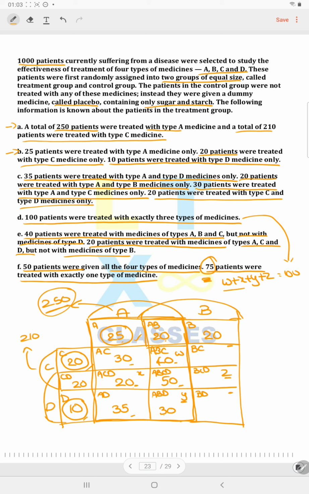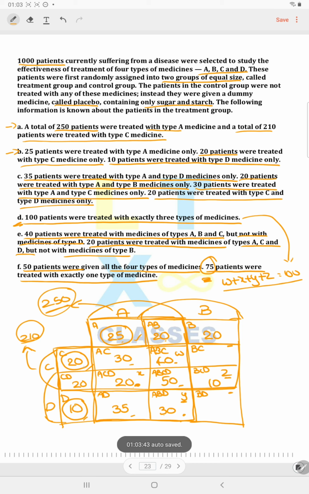Now we know the summation of W, X, Y, Z, as per point D, is 100. Since this is 40, this is 20, this is 30, this has to be 10. Now we also know that the total number of patients who were given medicine C, which represents this entire box, is 210. And since this is the only number missing, we can also determine this number now.